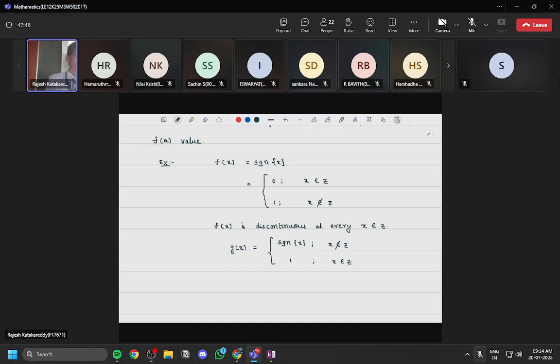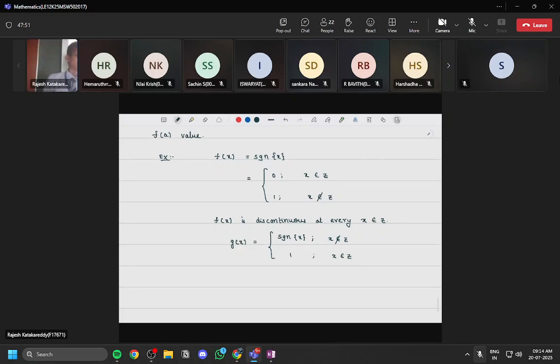We are redefining the function definition at the integer so that we can make it continuous. Where do we use it? Why are we doing it? I am not exactly sure where we will use it, but in order to study that kind of function in detail, we will redefine it and make it continuous.